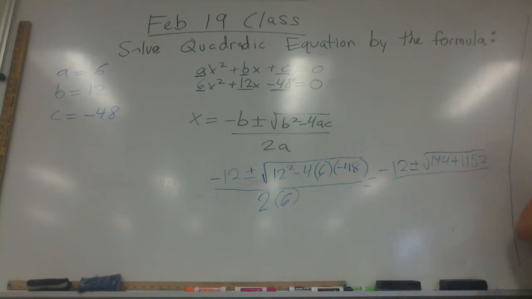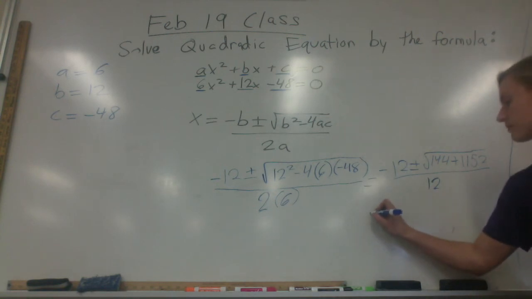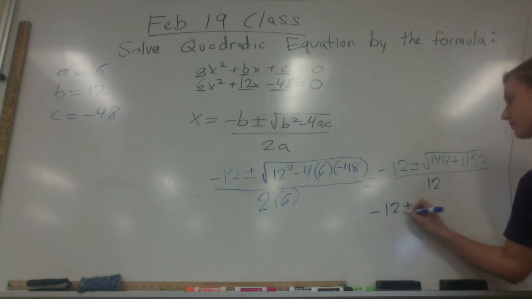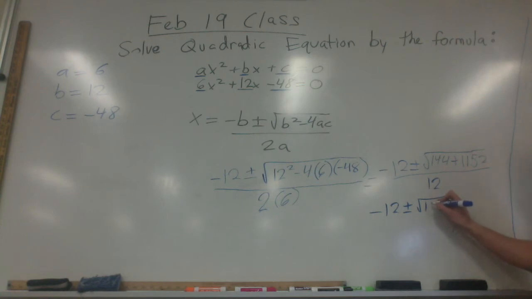What's 2 times 6? 12. We'll add those together. Now, we need 144 plus 1,152. 1,296.